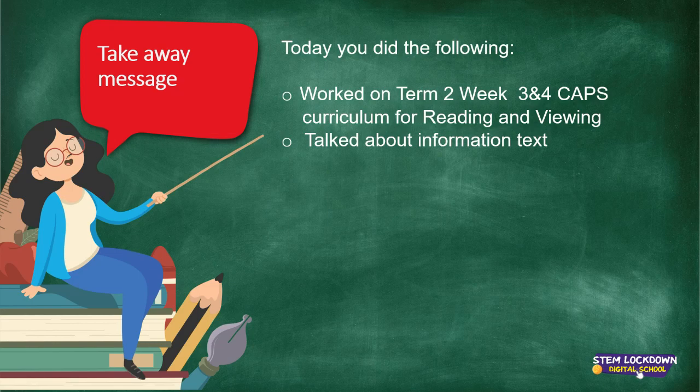That is the topic for this week and next week. Information text and descriptions. But today we talked about information text. We reviewed the way a paragraph is formed, and in the days to come, whenever you write a paragraph, try and remember that rule to have a topic sentence as your first sentence, and then the other sentences support it, and the last sentence sort of rounds off the paragraph.